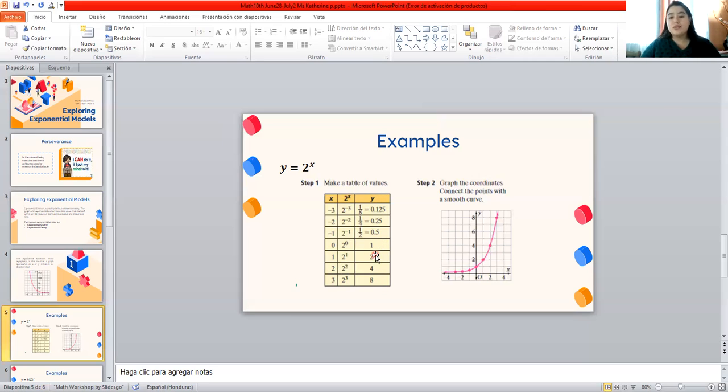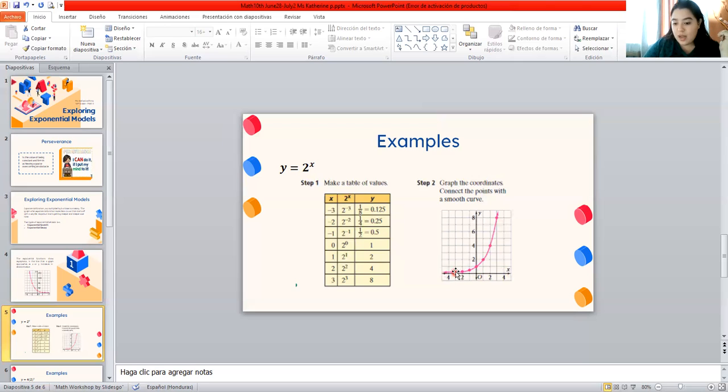Then we have to graph these values for x and these values for y. Step number 2, graph the coordinates and connect the points with a smooth curve. So we have the x and y axes. -3 is here, and for y we have 0.125, near 0 on the y axis.